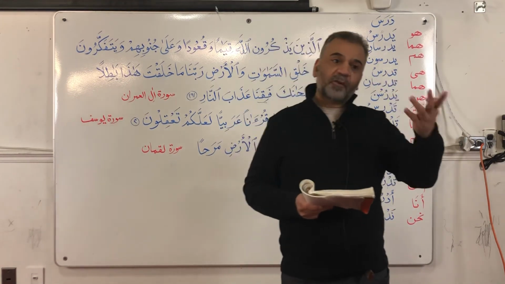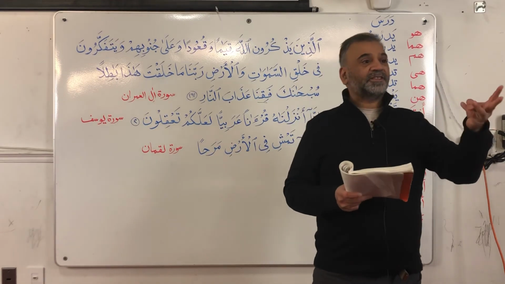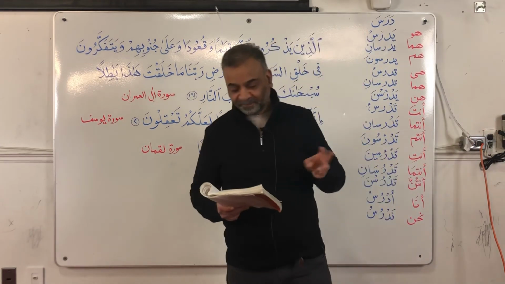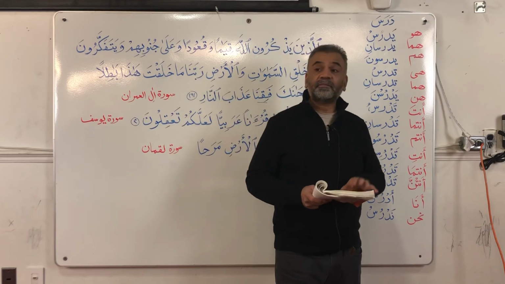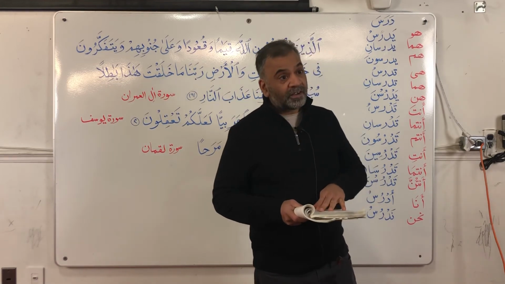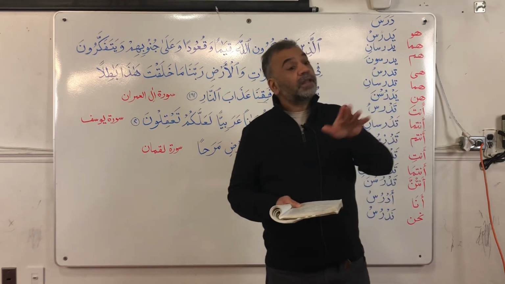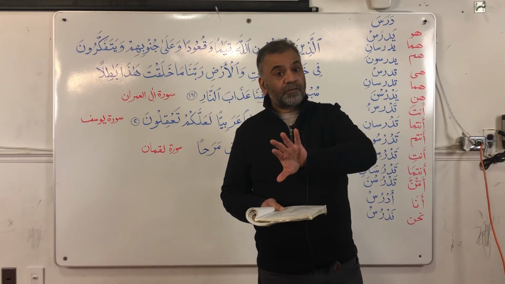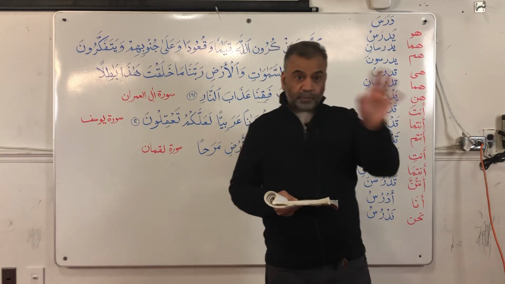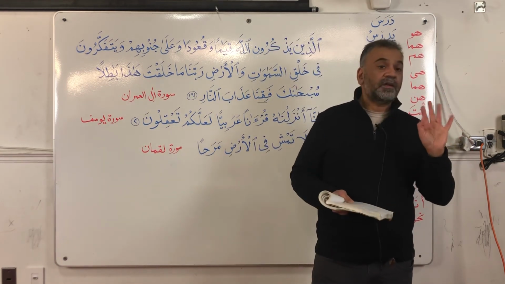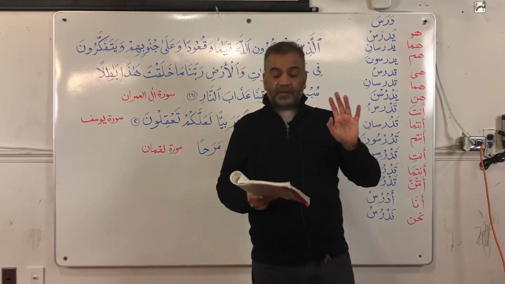I have 4 brothers and 3 sisters. Li, what is li? Harf jar, ism majroor. Now this is a khabar muqaddam, khabar coming in the beginning of the mubtada. That can happen, right?